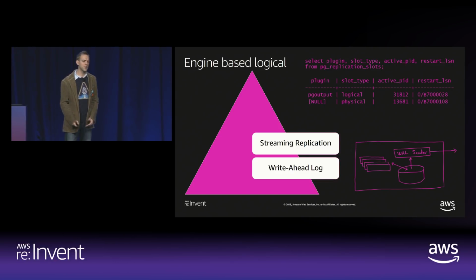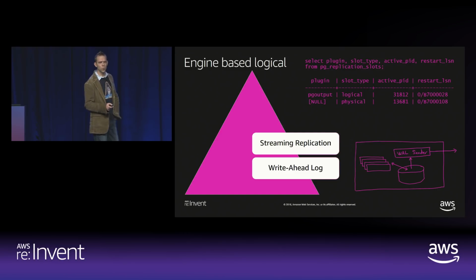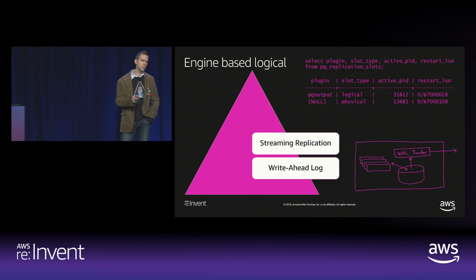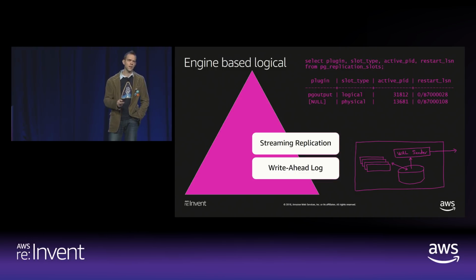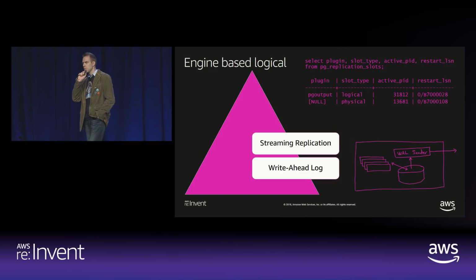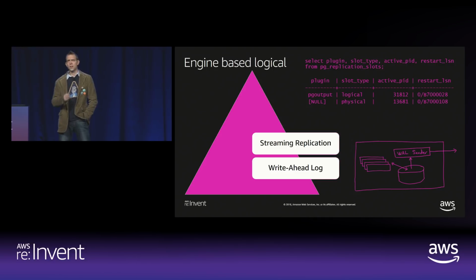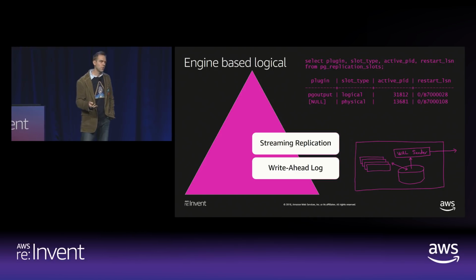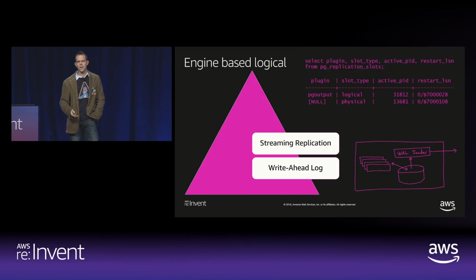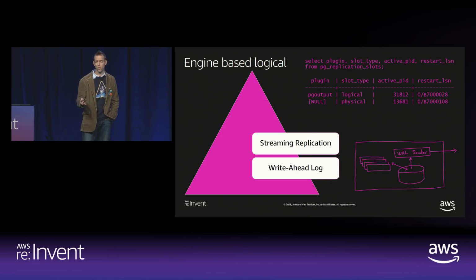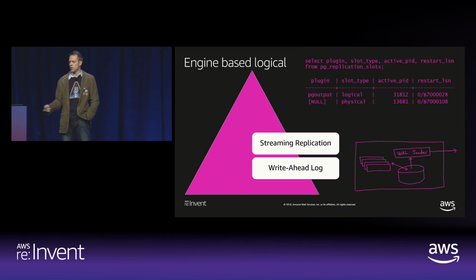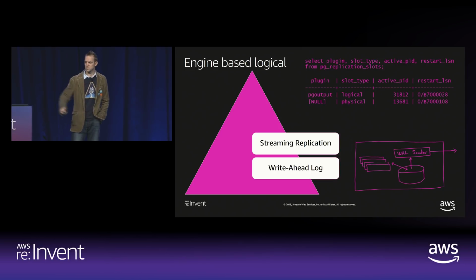And with all of this in place, we started thinking, what if we could make that WAL sender process smarter? What if we could upgrade the brains of that guy? What if that guy could understand the records that he's reading instead of just blindly sending the bytes over the network? So in Postgres 9.4, still a number of years ago, Postgres introduced something called logical decoding.